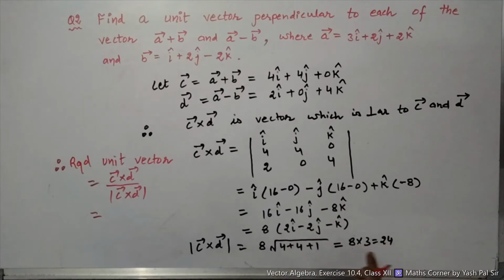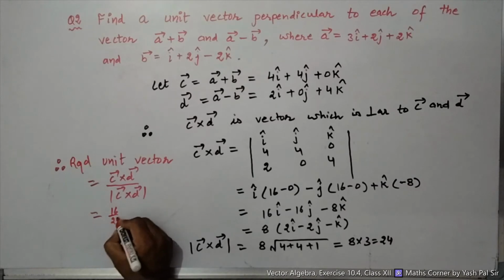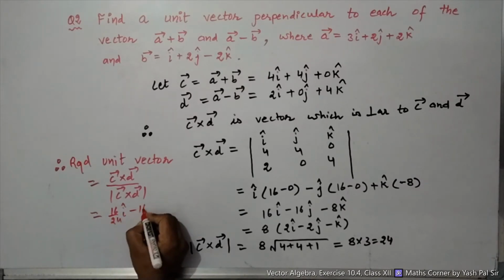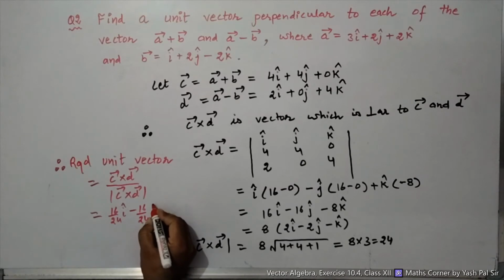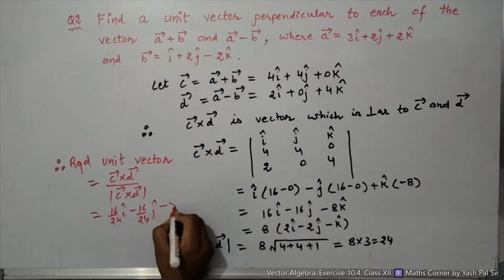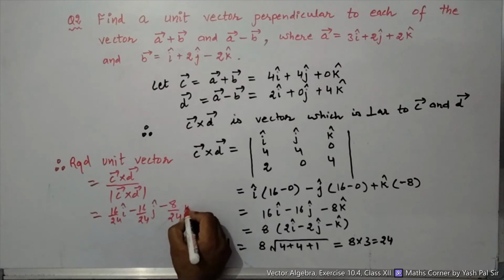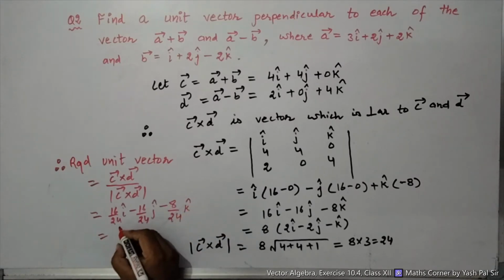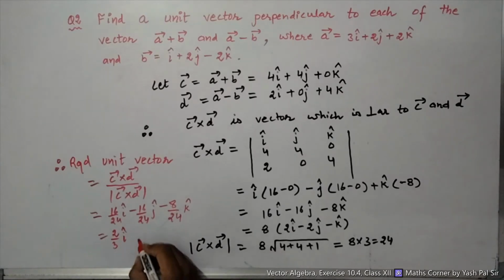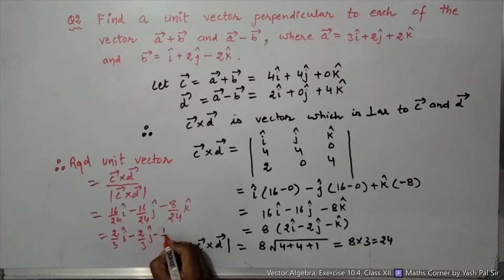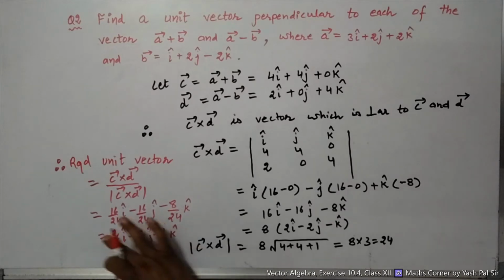So this is equal to 8 upon 24, or we can write 16 upon 24 i minus 16 upon 24 j minus 8 upon 24 k, that is 2 upon 3 i minus 2 upon 3 j minus 1 upon 3 k. So this is the required unit vector.